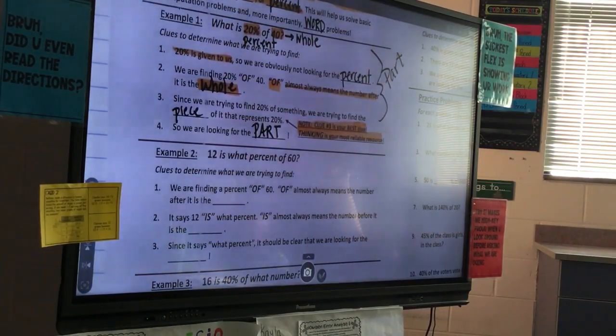Did you read it? Then you didn't read it. If you read this question, 12 is what percent of 60? You should be able to tell me if we're finding the percent, the part, or the whole.